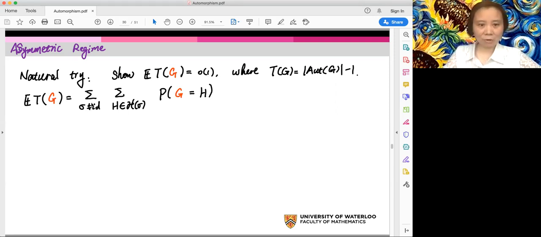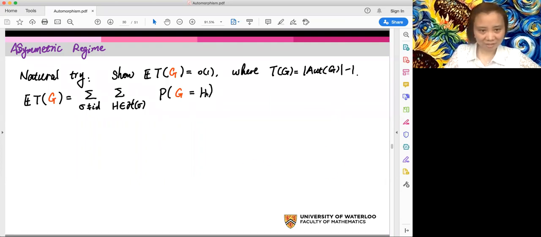You have to sum over all permutations sigma that are not the identity permutation. Then you sum over all graphs H which have sigma as an automorphism. And this amount here would be the probability that your random graph G is H.